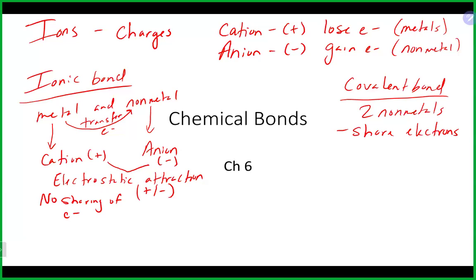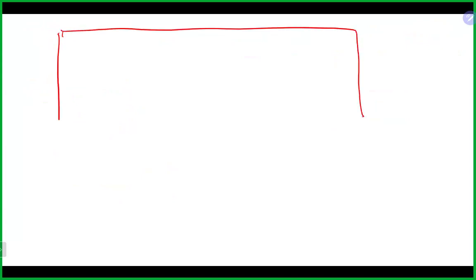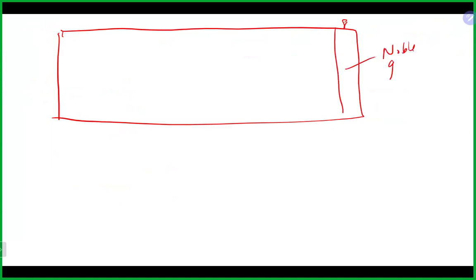Now, regardless of what type of bonding we're going to talk about, the ultimate goal of all bonding, both ionic bonding and covalent bonding, is actually a very simple goal. The goal of all bonding is for everybody in the bond to achieve noble gas configuration.